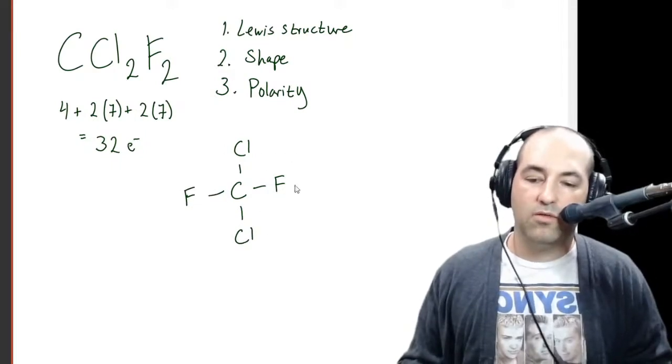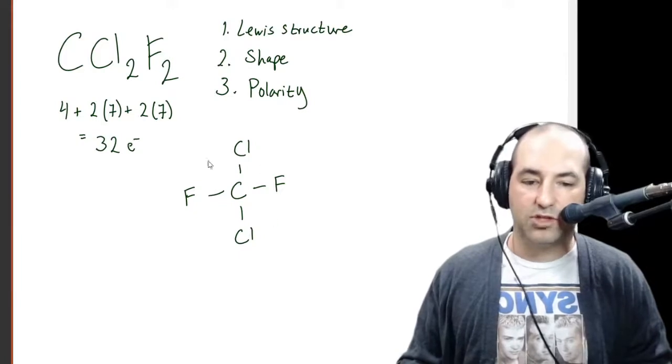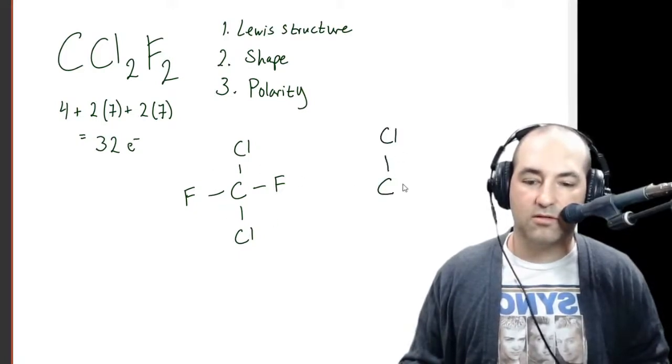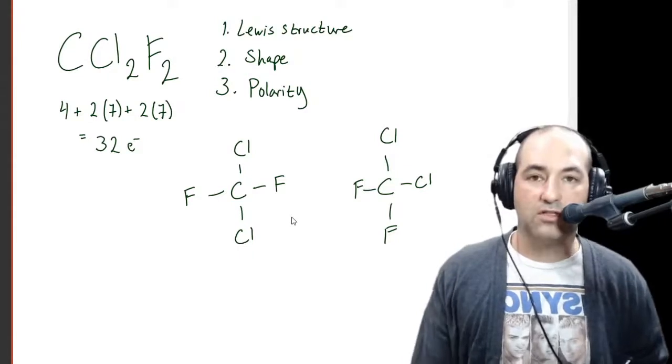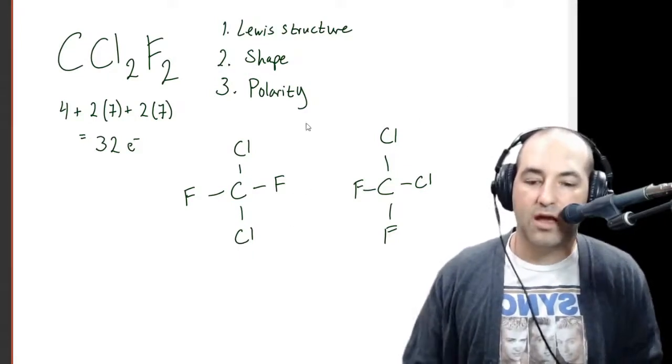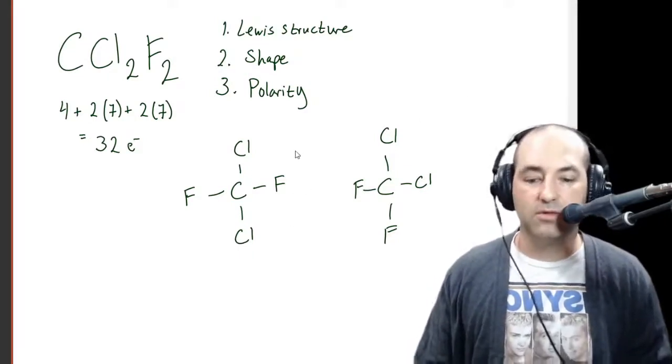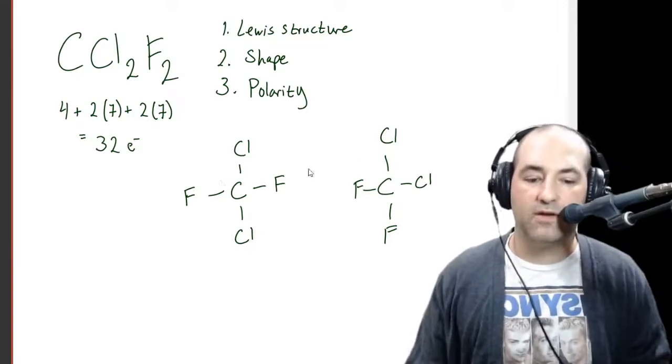I put this down in this shape for now, but I also could have gone like this. And there's a question of, are those the same or are they different? It turns out that it depends on the shape, so we'll get into that in a second. I'm going to leave both of those down for now.